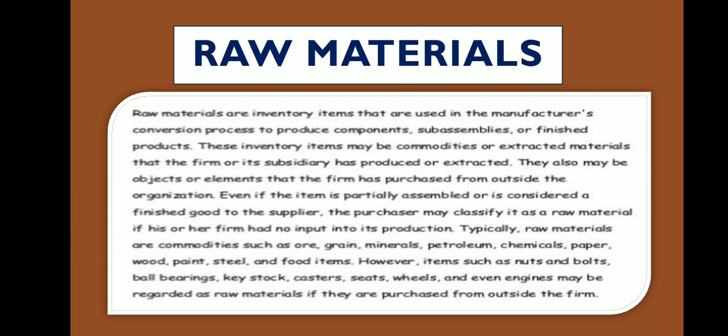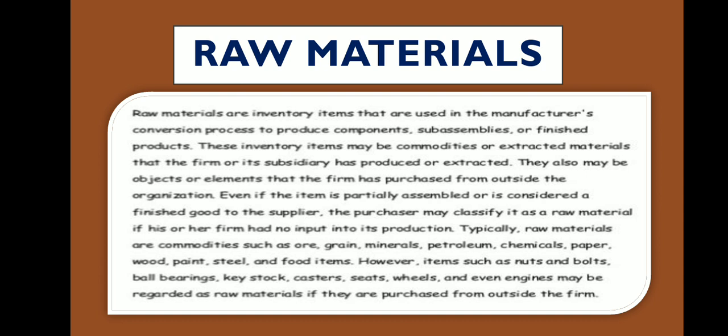Raw materials are inventory items that are used in the manufacturer's conversion process to produce components, sub-assemblies or finished products. These inventory items may be commodities or extracted material that the firm or its subsidiary has produced or extracted.